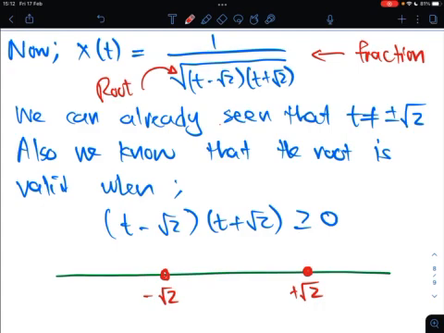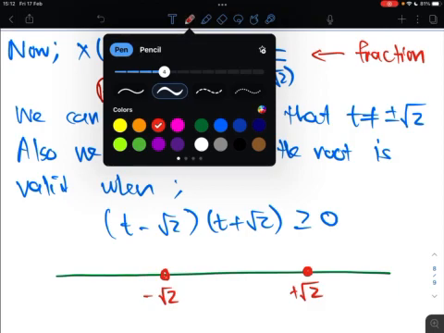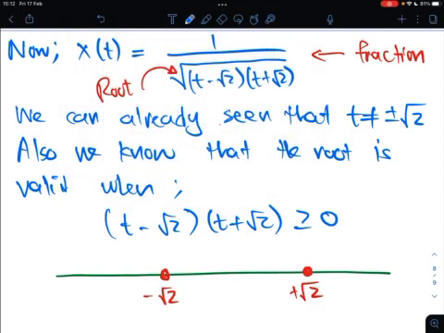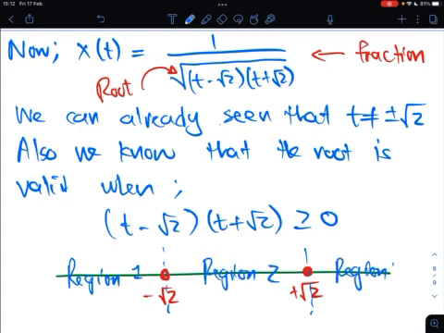To find the solution set, we first look at the three regions created by drawing this number line. If I split here, you can see we have three regions: this one is the first region, this one is the second region, and this one is the third region.